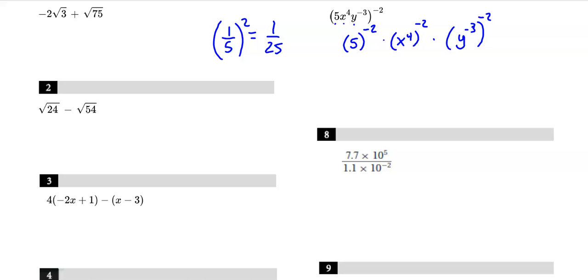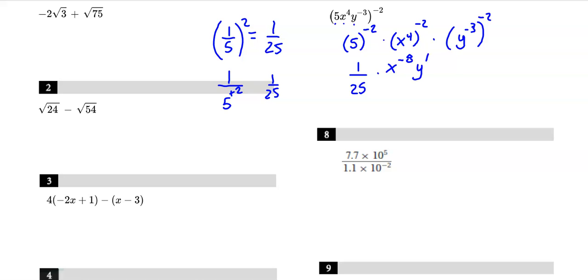So sometimes it might be easier to think of it as just make the 5 to the negative 2 positive and put a 1 on top. And you'll also get 1 over 25. So different ways to look at it. So this is 1/25. This is going to be x to the negative 8th, because raising a power to a power you multiply.